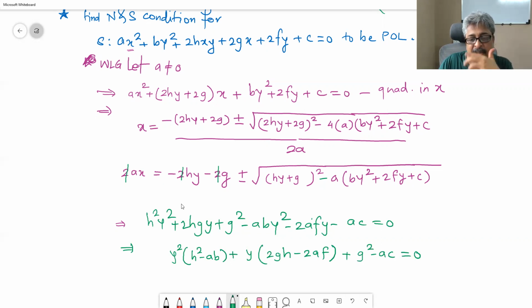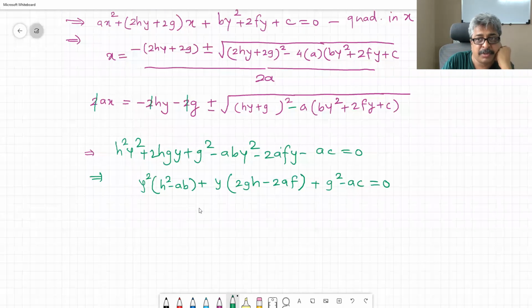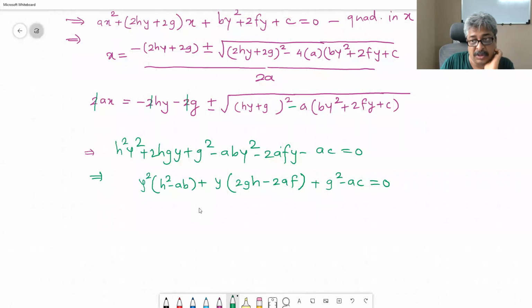Correct? Now if this has to be a perfect square, the discriminant of this quadratic must be 0.